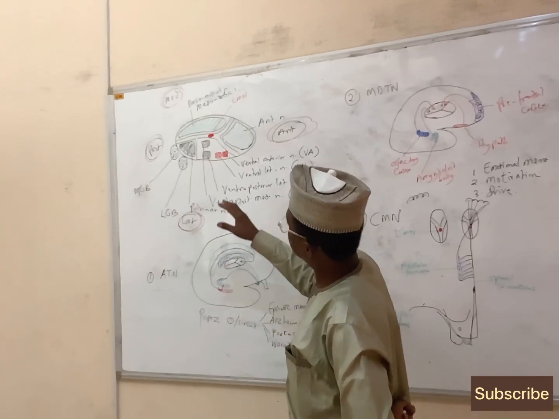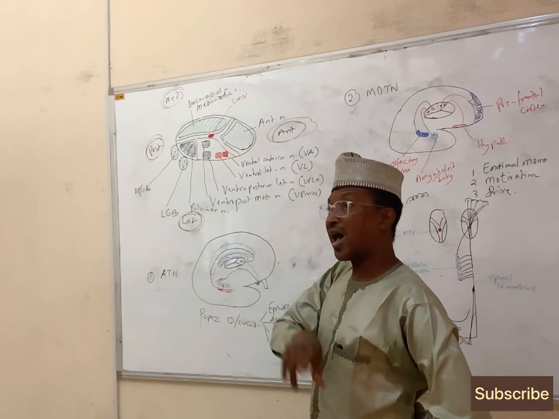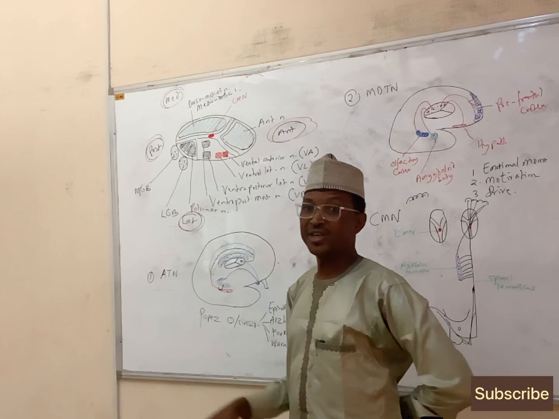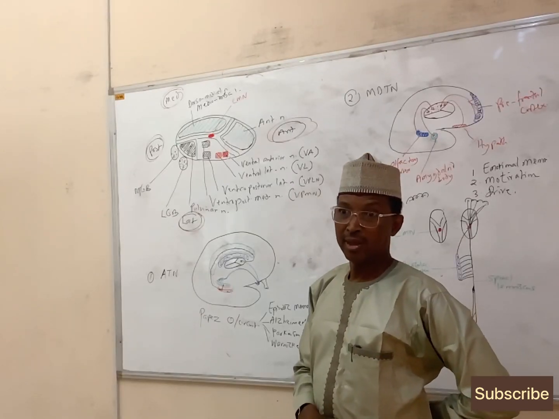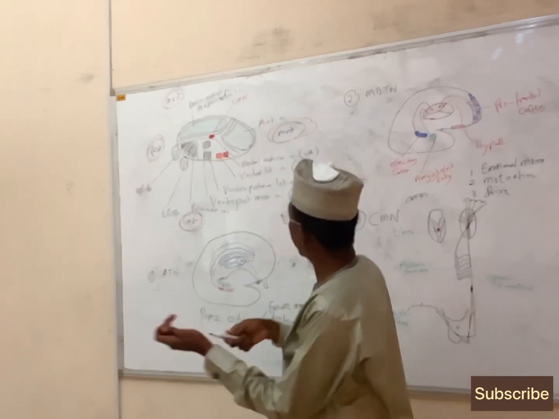So now you can see that we have several nuclei within the thalamus, and as I said earlier, the thalamus is divided by a bundle of white matter, which we call the internal lamina or internal medullary lamina.